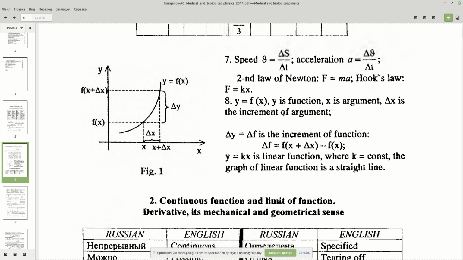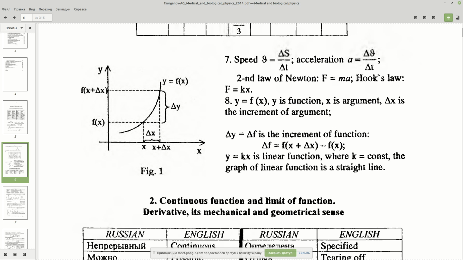Acceleration, we have the second derivative of the changing place, or the derivative of the speed, so it is the differential of the velocities in the numerator, and the change of time, the period of time of this change of velocities, how fast it's going on, the change of the rate.